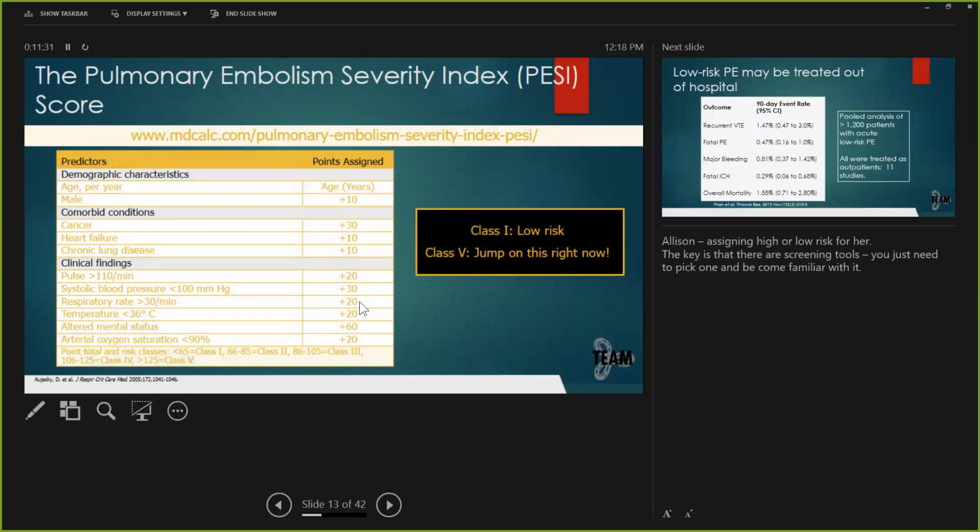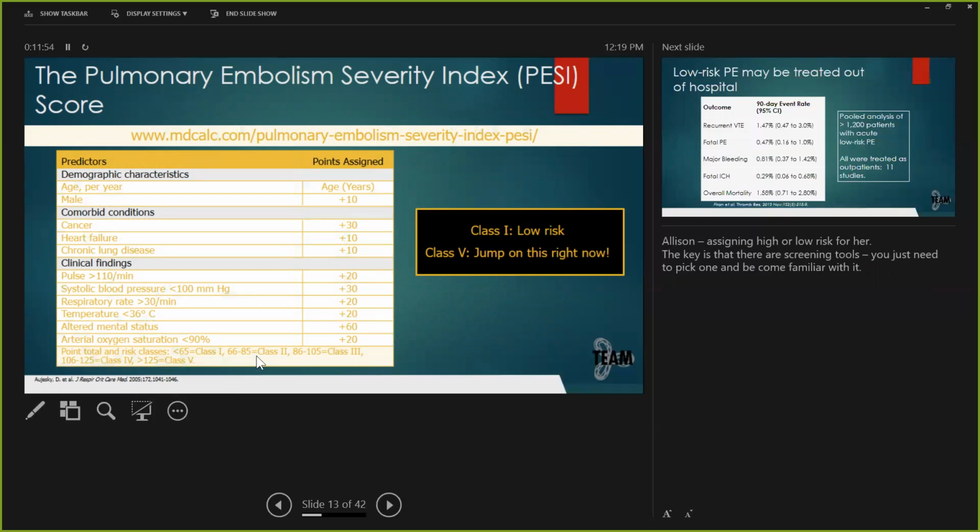And you also have the PESI score. We don't use it that often, but you do have a calculation for the pulmonary embolism severity index. If you have low risk or high risk, you have classes. Class 1 is less than 65 points.